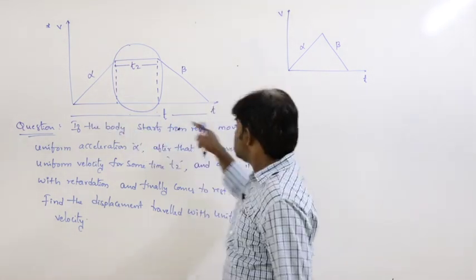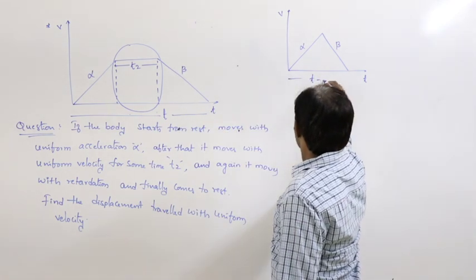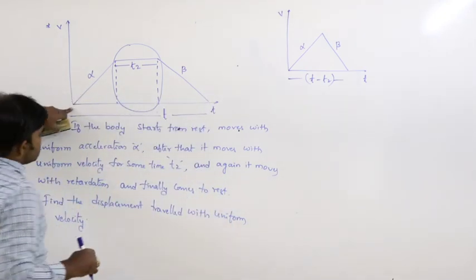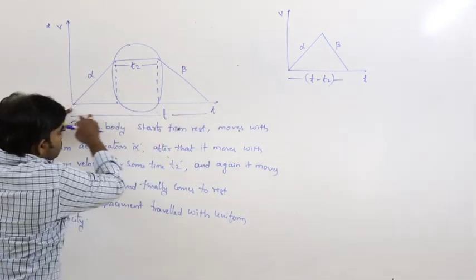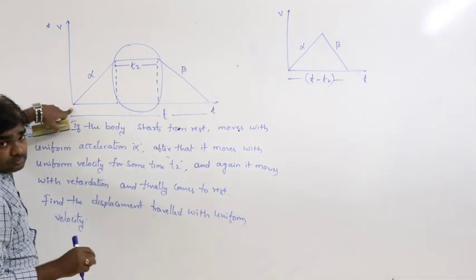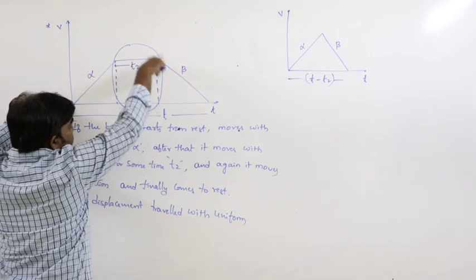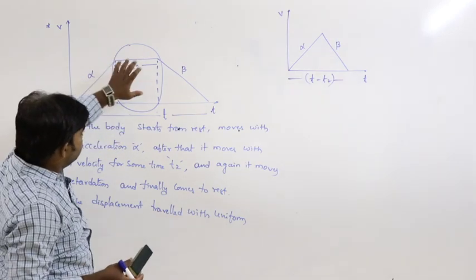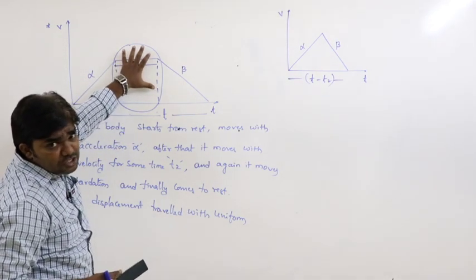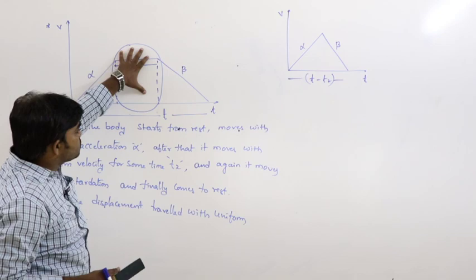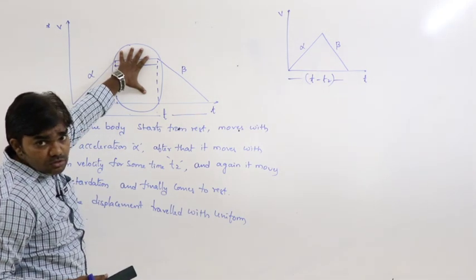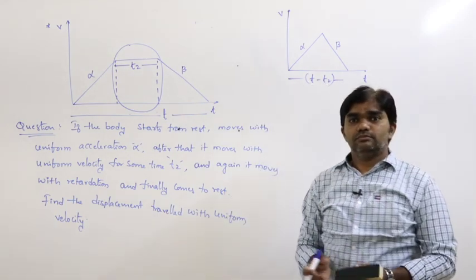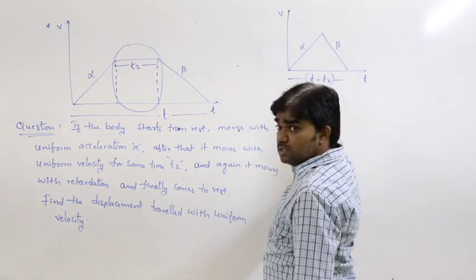Here the total time is T, this time is T minus T2, right? Because from the starting point to ending point the total time is T. But in the graph we are not considering this uniform velocity situation. So if you remove this one, how much time is reduced? T2. So the remaining time is T minus T2.